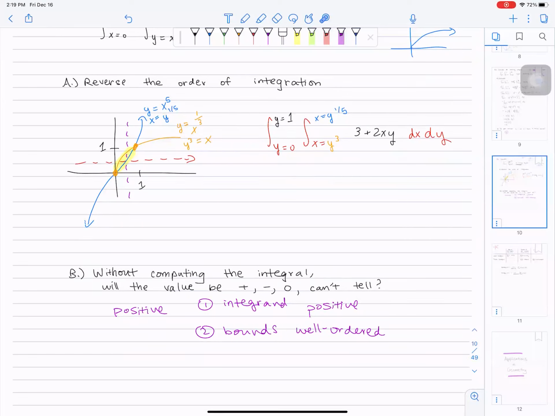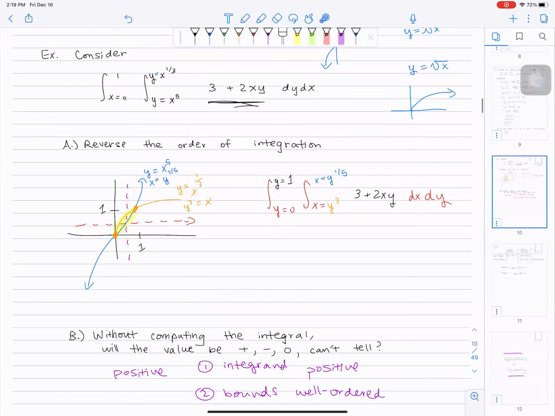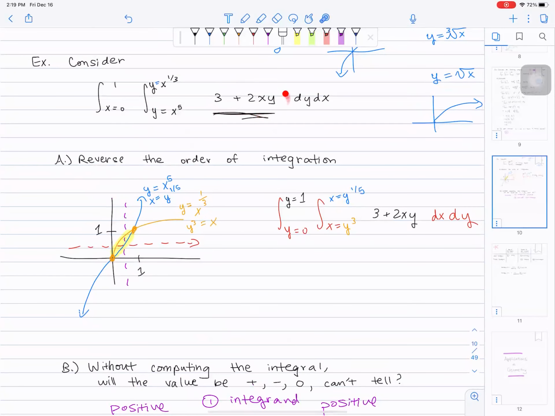Yeah. So the two things we want to consider when looking at the value of an integral are the integrand and the bounds. First, looking at the integrand, I'm integrating 3 plus 2xy over this region. So all of my x, y points are going to be coming from this highlighted region, which means that all the x and y's have to be positive.